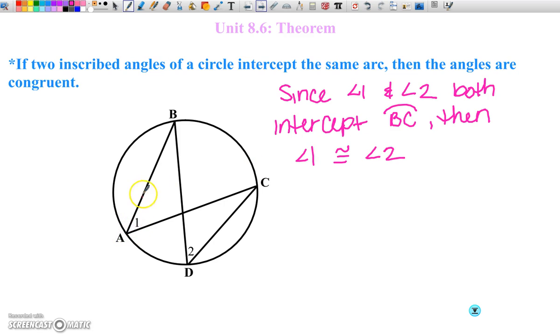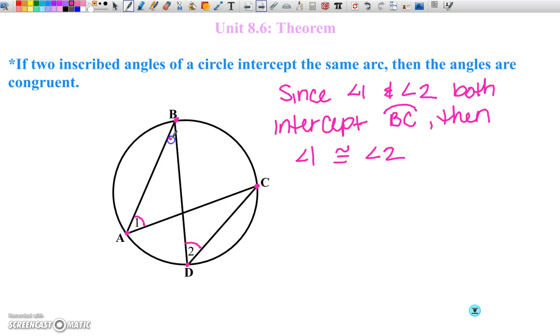If you follow the sides of angle 1, here's the endpoint, here's the vertex, and here's its other endpoint. When you follow angle 2, it has the same endpoints, just with a different vertex spot. So these are congruent to one another, which makes it kind of nice.